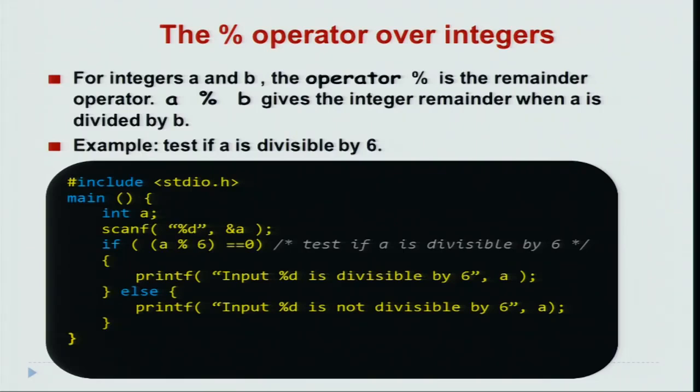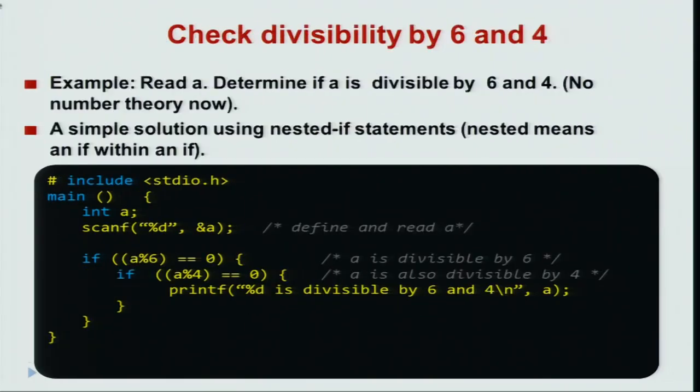Okay. Now let us make it slightly more elaborate. Suppose you have to test, a slight variant, whether a given number is divisible by 6 and by 4, two numbers. Okay, how do you do this? So you scanf the number and you test whether a is divisible by 6.